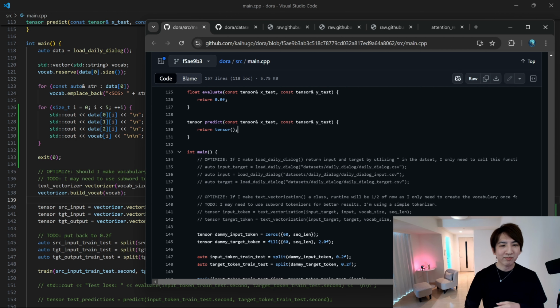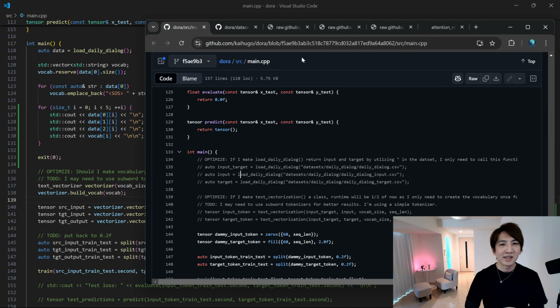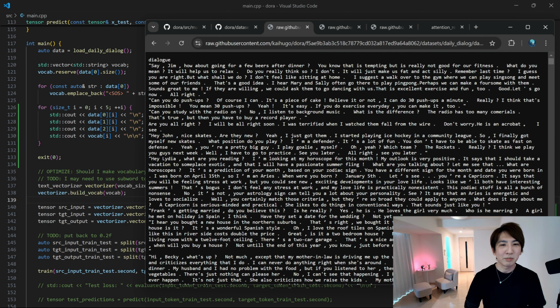And also, you might ask, why wouldn't you just load inputs and targets? I also need to load the original dataset because it includes both inputs and targets prompts.